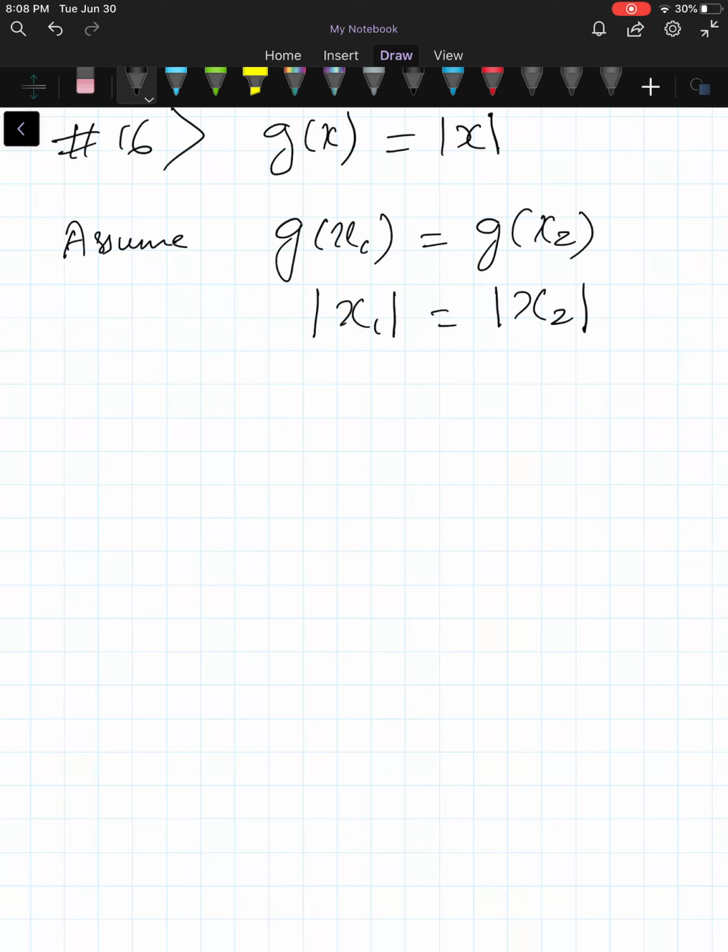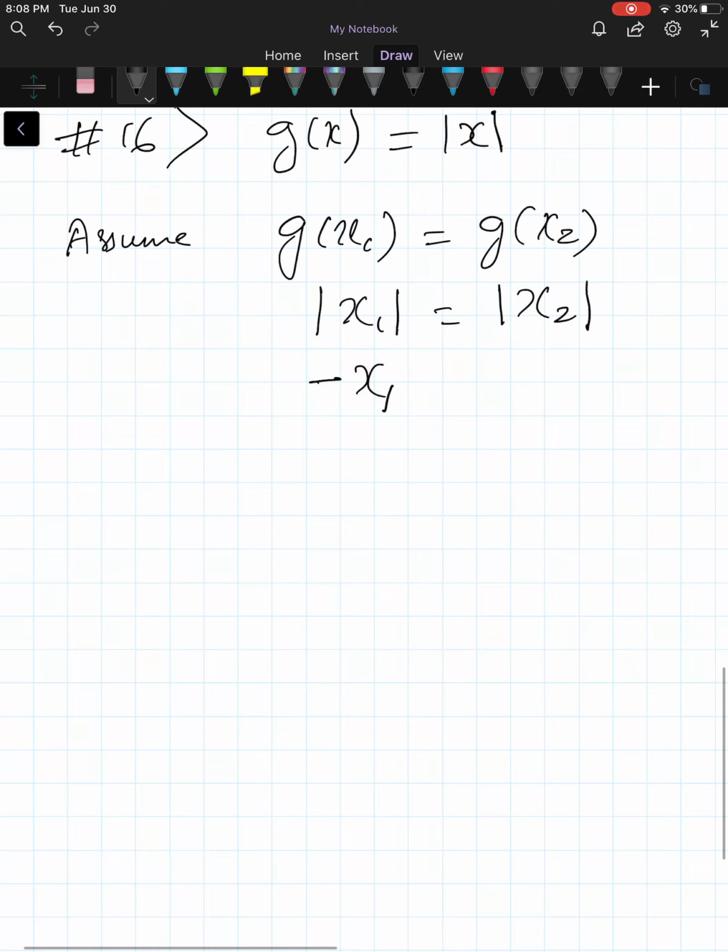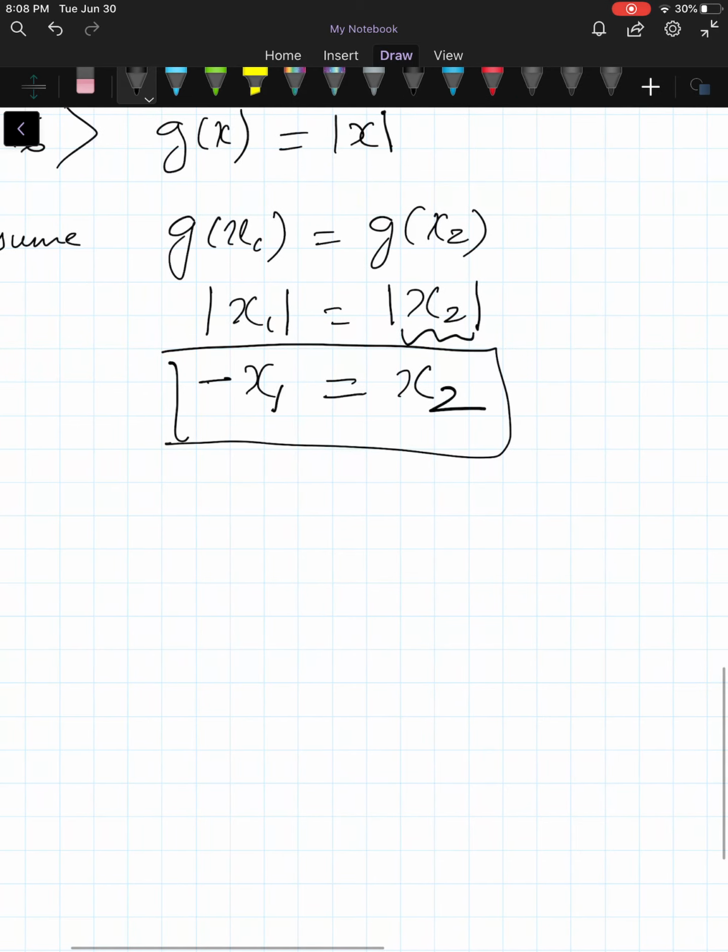Yes, because when x1 is less than 0, you will get minus x1 as a value. So this can be negative x1 also, correct? But if x2 is positive, you can have the scenario where negative x1 is equal to x2. So this doesn't imply that the given function is one-to-one.